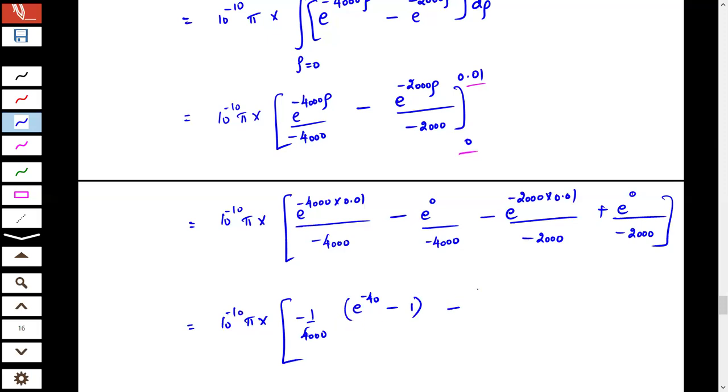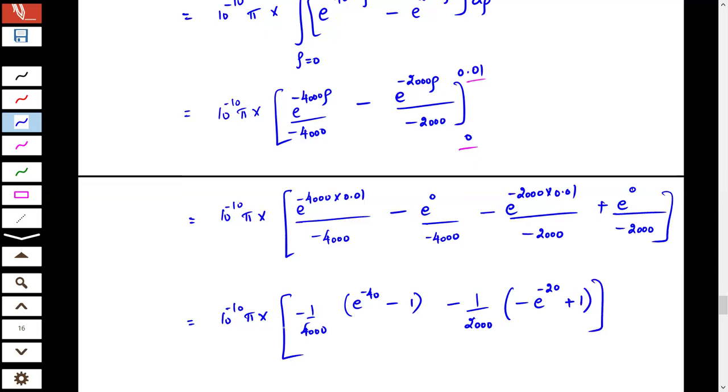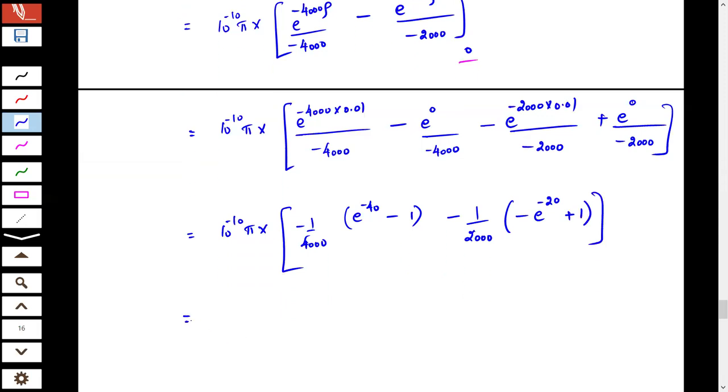Then second term minus 1 by 2000 into minus e power minus 20 plus 1. So we can put it in the calculator, compute, and get the answer.